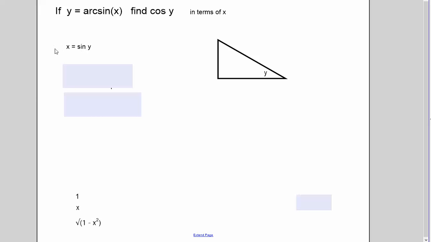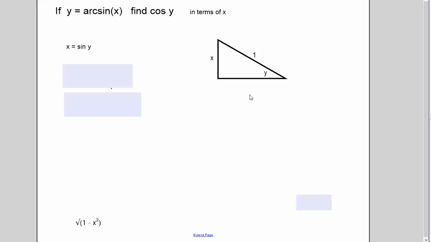And if sine y is x, we know that sine y is the opposite divided by the hypotenuse. So x is the same as x divided by 1. So the opposite must be x, and the hypotenuse must be 1. So using Pythagoras now, we know that this length squared plus this length squared equals this length squared.